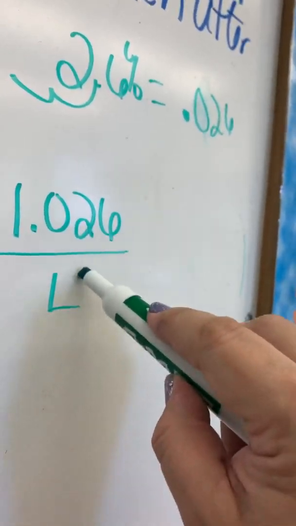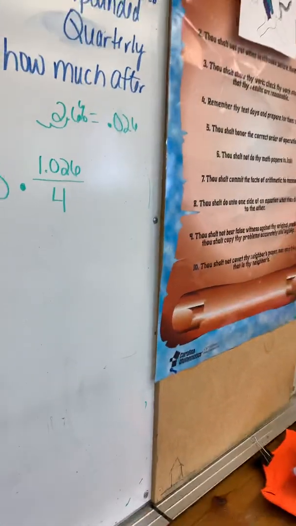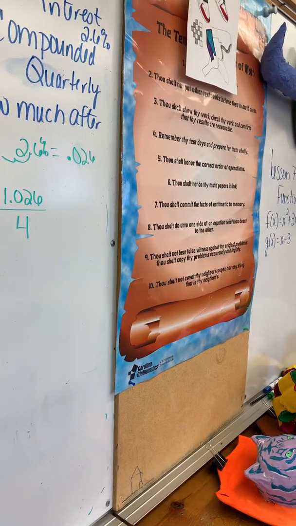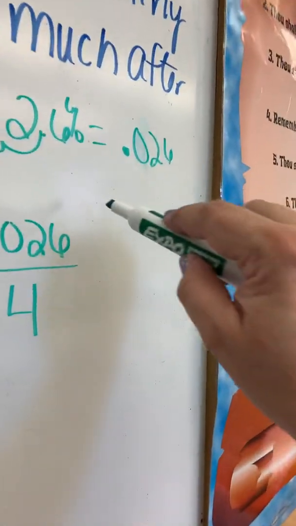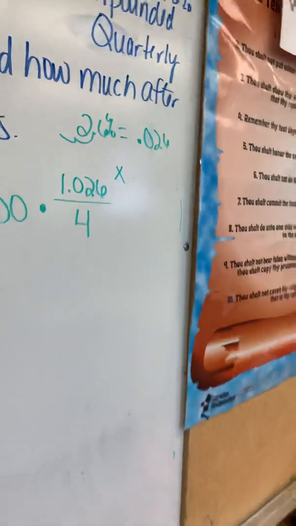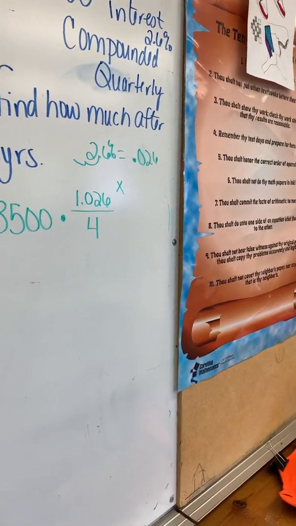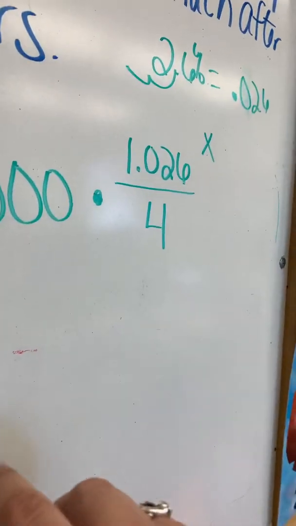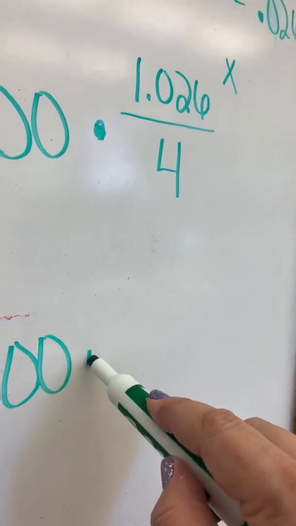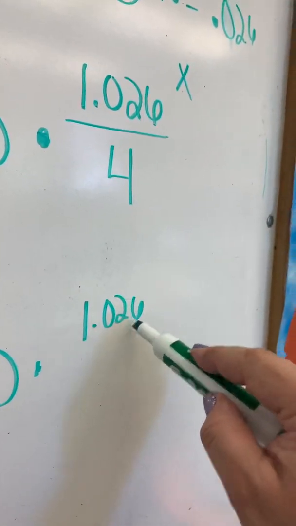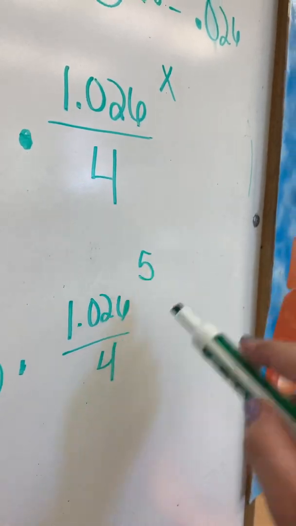Quarterly, I'm dividing it by 4 because it's 4 times a year. And then I'm going to raise it to the x. Well, what's x going to be in this situation? So if I want to find this, it'd be 3,500 times 1.026 over 4 raised to the 5th.